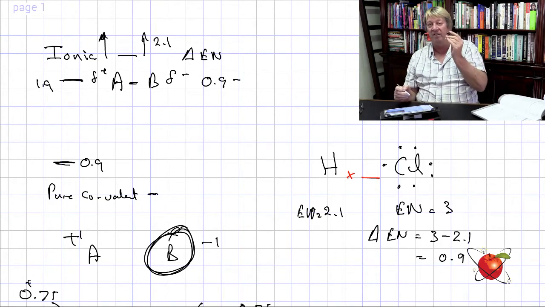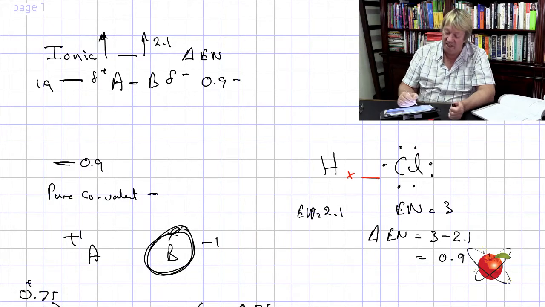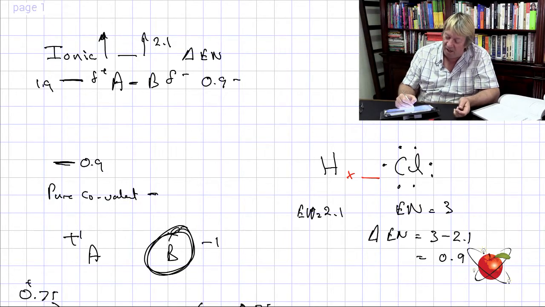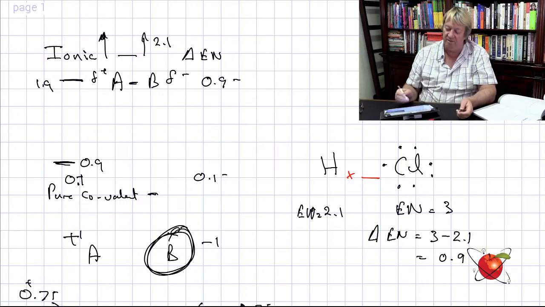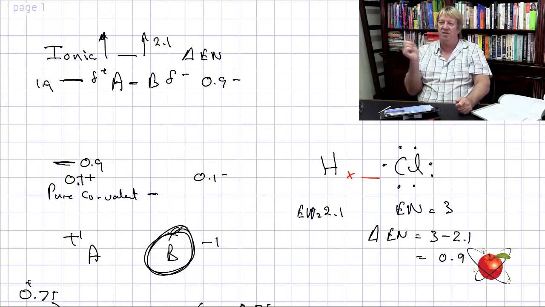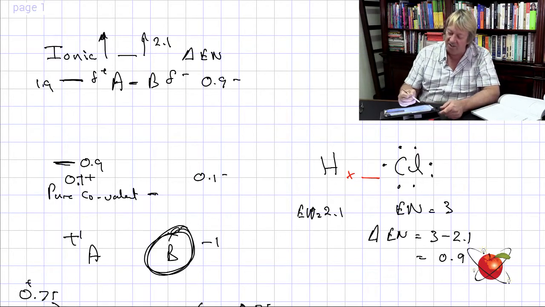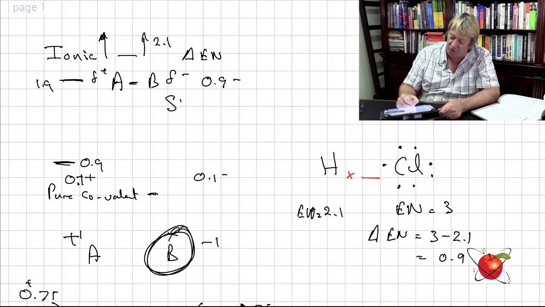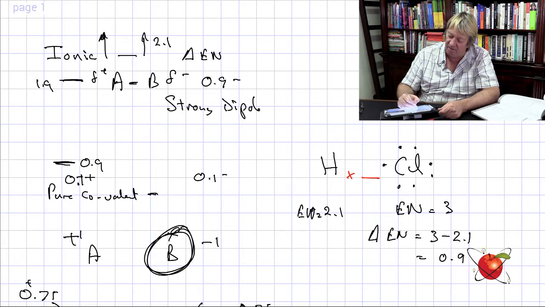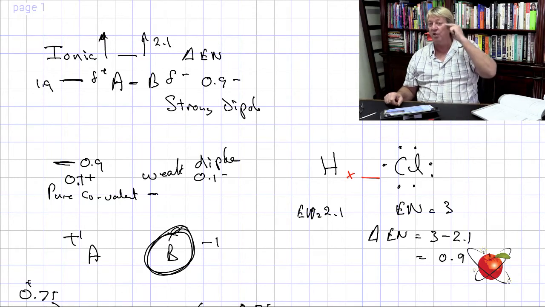It's almost an ion. So it's actually very strong. Down here, we could have one as a 0.1 negative and a 0.1 positive, because it's almost equally shared. So can you see that this one here is a strong dipole? This here is a weak dipole. Why? If it's almost ionic, delta electronegativity almost 2.1, the electron is virtually never here.